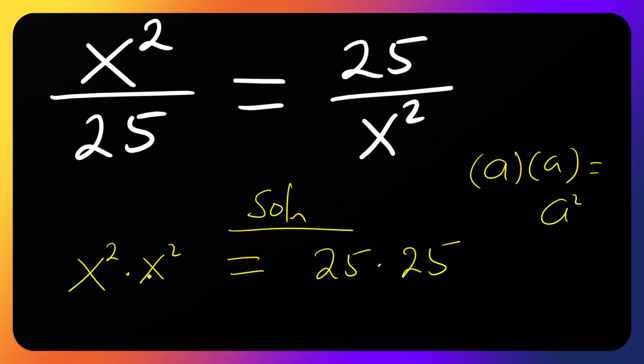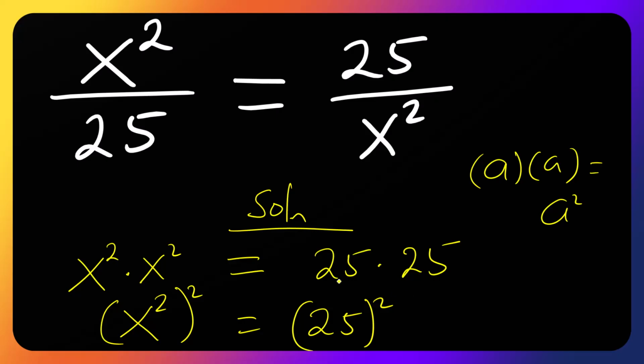So this one times itself will be x squared all squared, and this side will also be 25 squared.